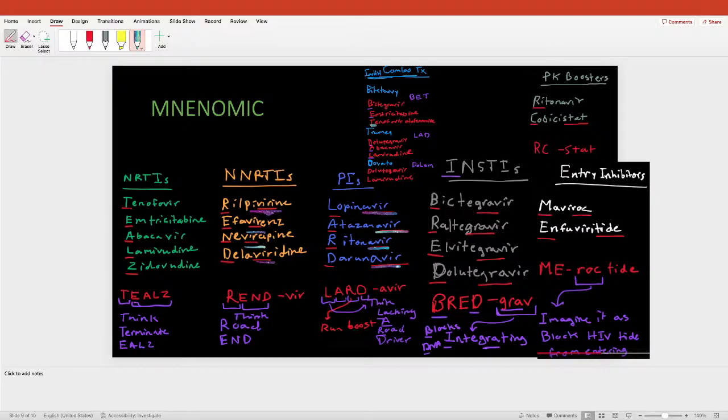These are the NRTIs, and the NNRTIs have that VIR in the middle of the drug name, so you can kind of make it out that way. So yeah, that's pretty much all I could tell you. Just know these. Kind of understand the mechanism.